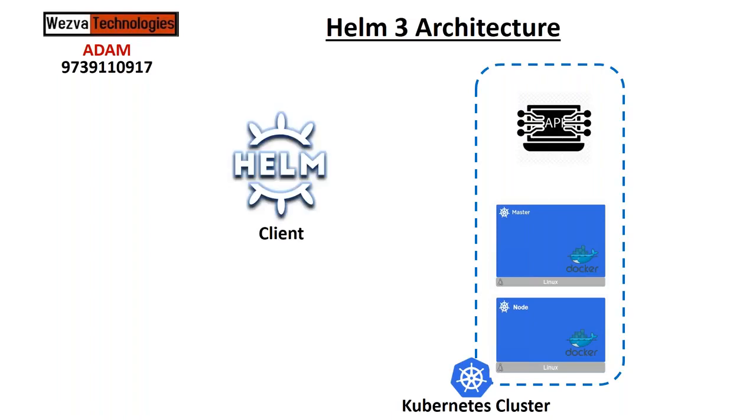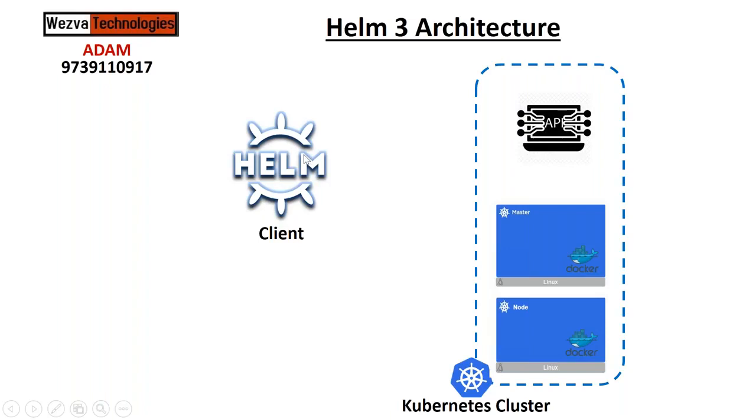So how is it going to work? Assume that you have your Kubernetes cluster available, and so far what we were doing is, whatever manifest file that we have defined, we will go to the cluster and say kubectl apply. That will be communicating to the API server, right? So instead of that, in Helm, we are going to install the Helm client for a Kubernetes cluster.